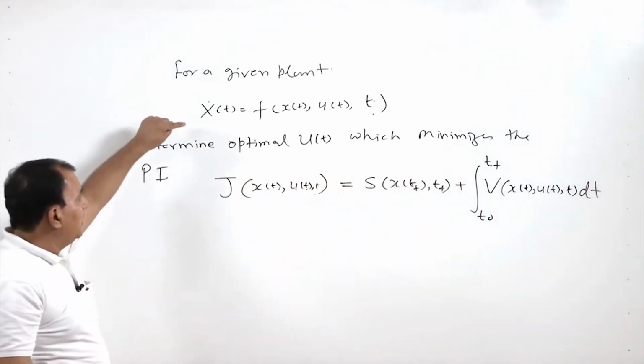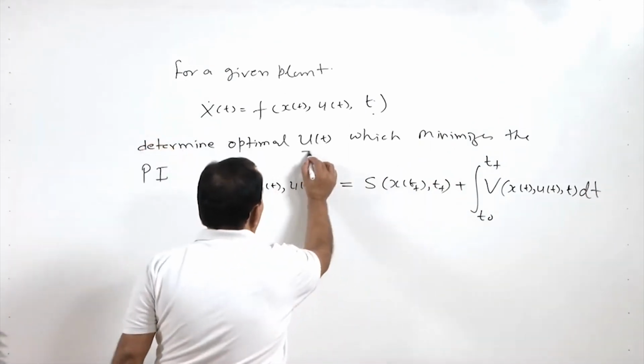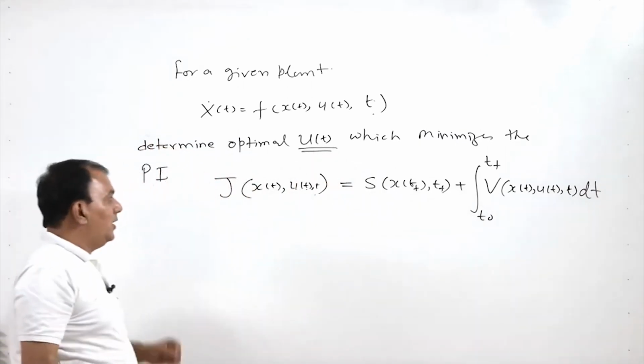So for a given plant, my objective is to find the optimal value of u(t), which is minimizing my given performance criteria.